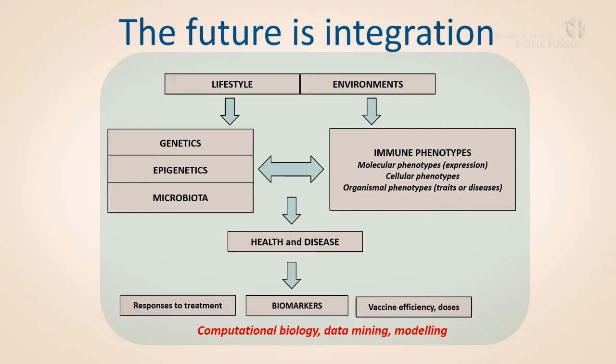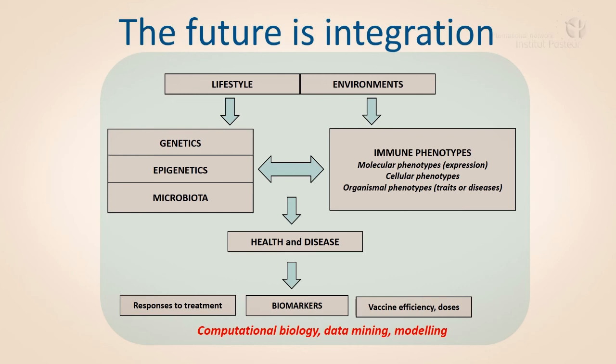So the future is now to integrate multiple lines of different evidence. We need to understand how lifestyle and environment of different human populations affect the way they respond to infection. We need to understand how their genetic diversity, their epigenetic diversity, and their microbiota also influence the ways they respond to infection.